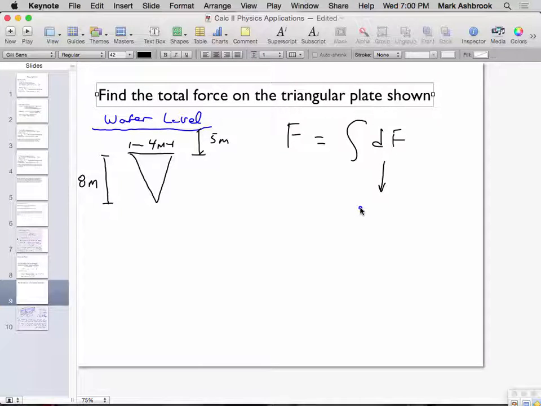I just gave it to you. But what's the formula? Pressure times area. Okay, so a little bit of force is going to be pressure times area. Area of what? Horizontal strip.